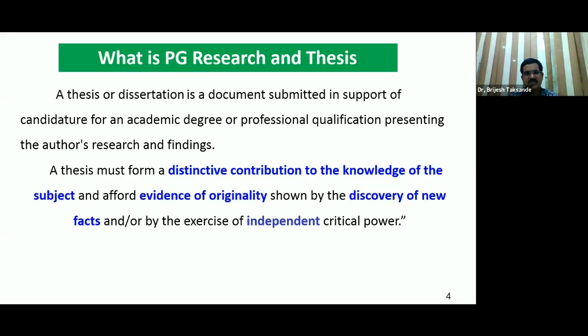The thesis must form, this is the particular definition of the thesis, maybe applicable to PG or PhD, a distinctive contribution to the knowledge of the subject and afford evidence of originality shown by the discovery of new facts and/or by the exercise of independent critical power.